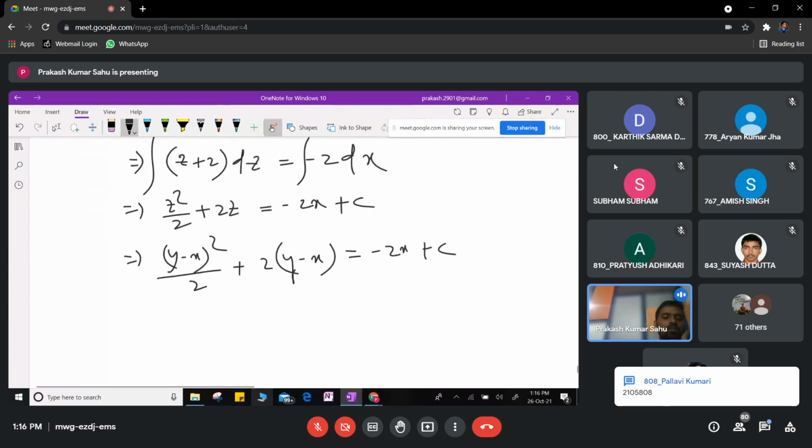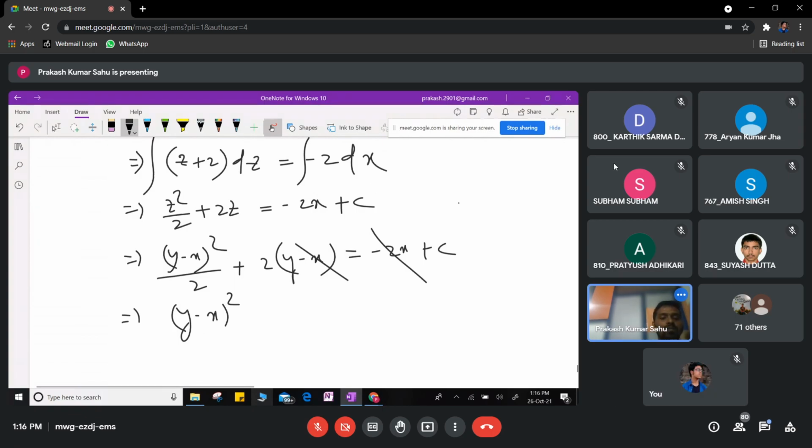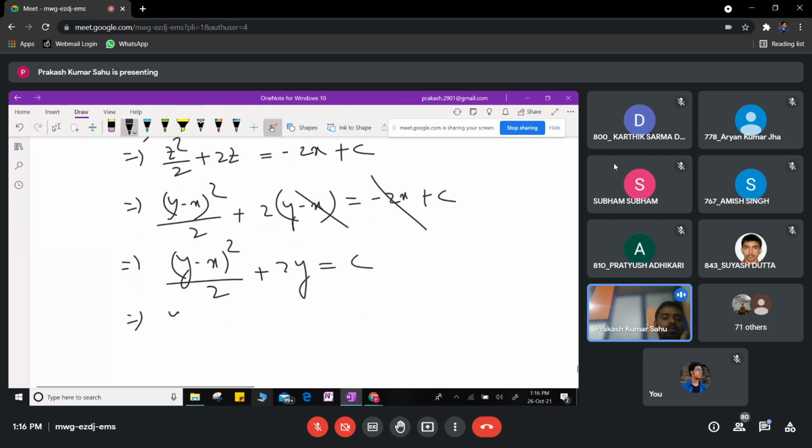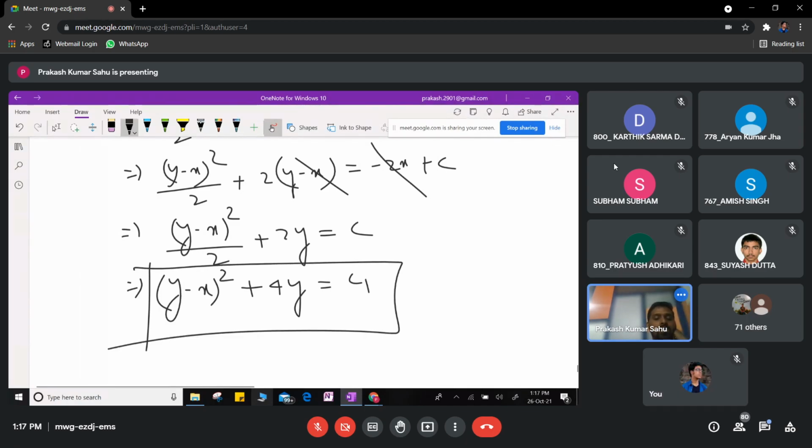You can see the -2x on both sides will cancel out, so (y minus x) square by 2 plus 2y is equal to 6. If you simplify further, it becomes (y minus x) square plus 4y is equal to some constant c1. This is your solution. Understood? Yes, sir.